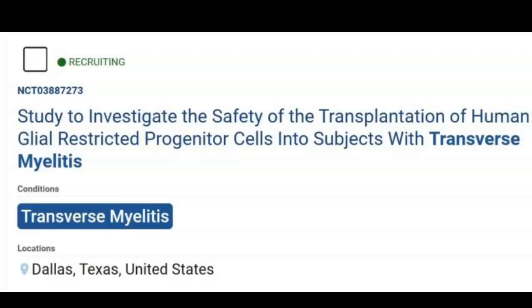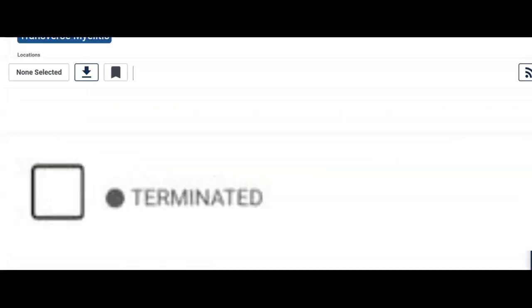So I will link to this study particularly, but also to the page that just lists all the studies that have gone on, are going on, have been terminated for whatever reason. When you see terminated, by the way, it could be something as simple as they did not get enough people recruited in order to meet the goals.